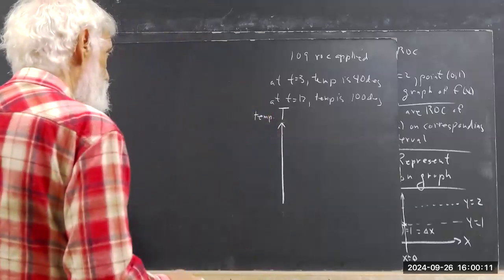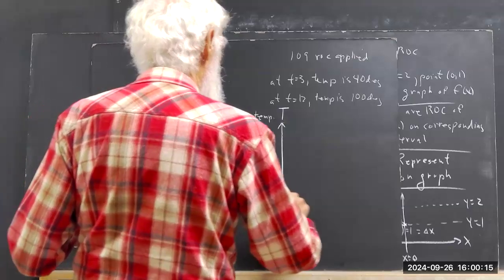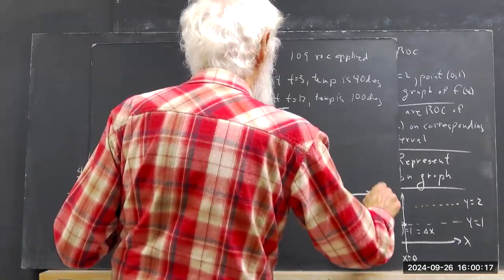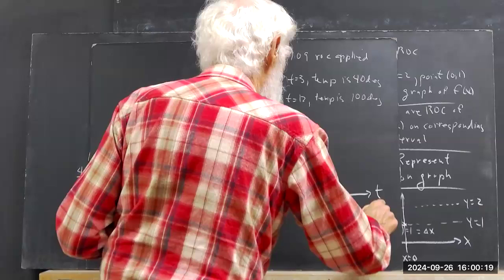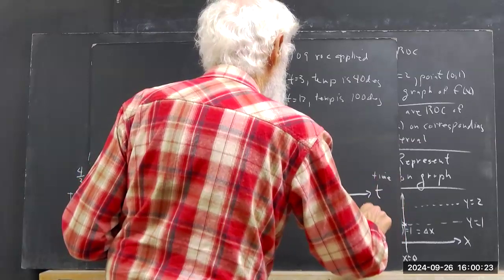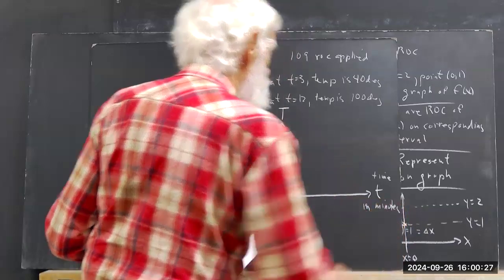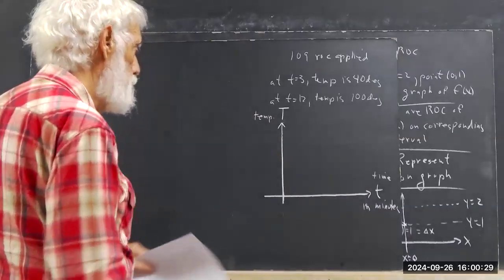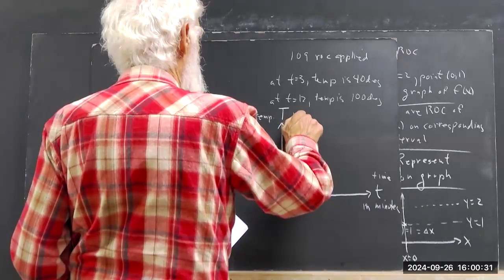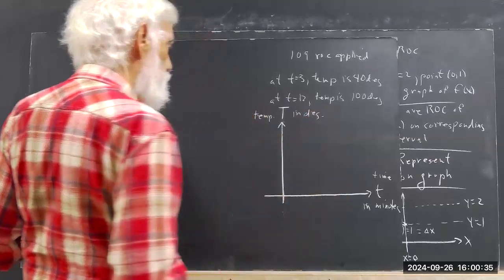So T itself is not your variable. Capital T is your temperature. Lowercase t is your time. And you want to label this time t in minutes, temperature T in degrees, not abbreviating degrees.